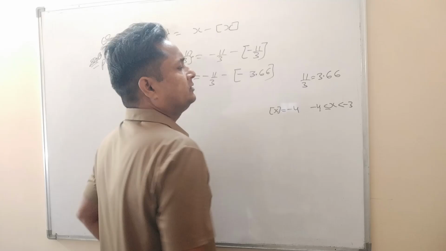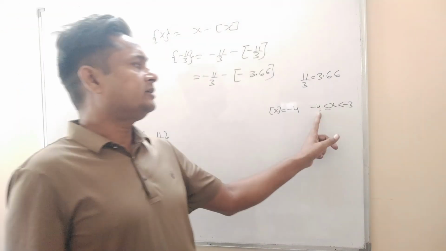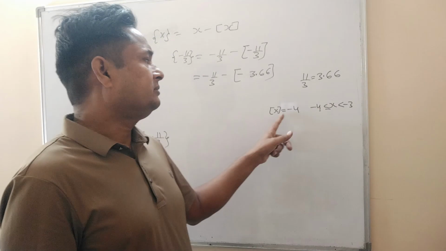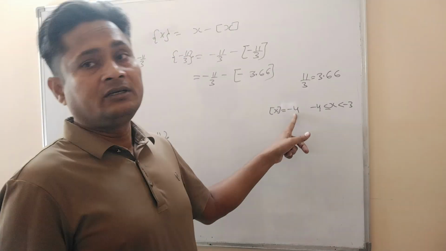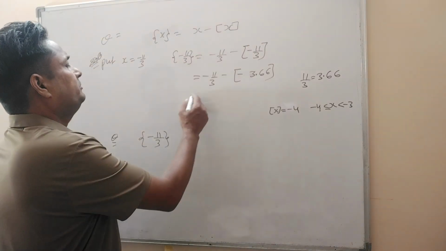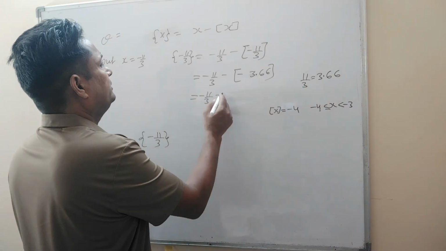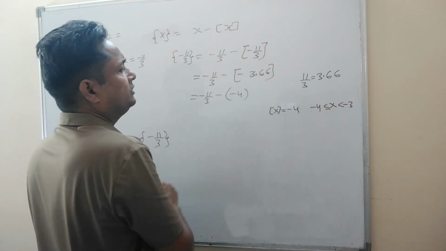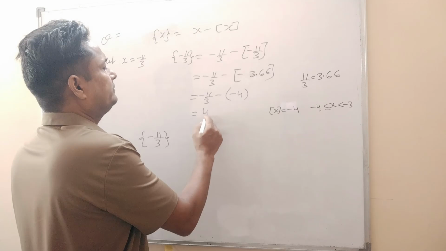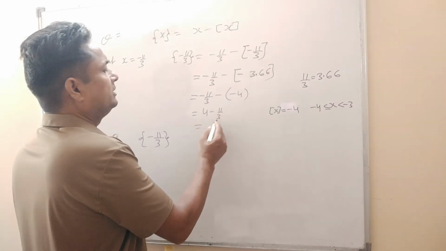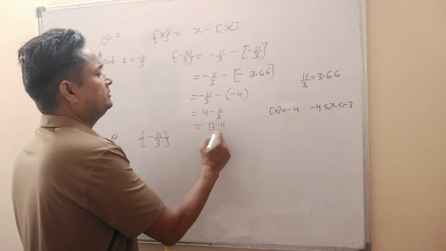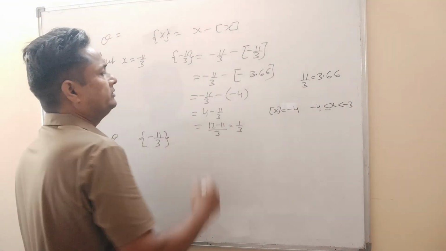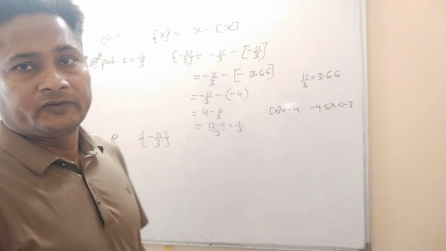So this will be minus 11 by 3 minus minus 4, so this will be 4 minus 11 by 3. So multiply here, this will be 12 minus 11 by 3, so this will be 1 by 3. So this is the answer.